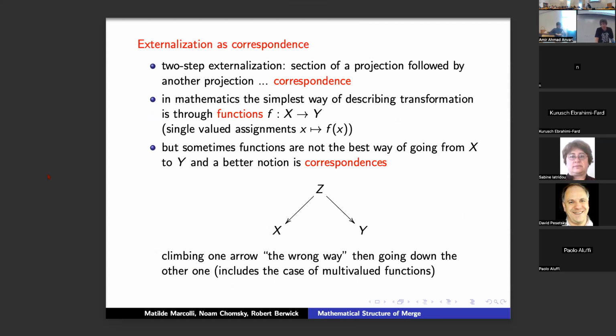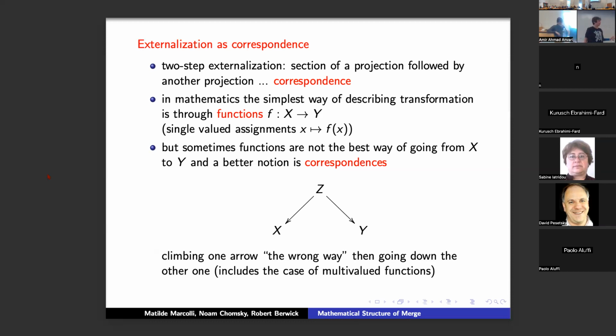Just a simple observation: this way of mapping something, where instead of going from X to Y, you climb up some map in the opposite direction from X to some other place and then go down the other way, is something that in mathematics is called a correspondence instead of a function. Multi-valued functions are an example of that, and there are many settings in mathematics where these are the natural objects to consider when you are mapping something to something else.